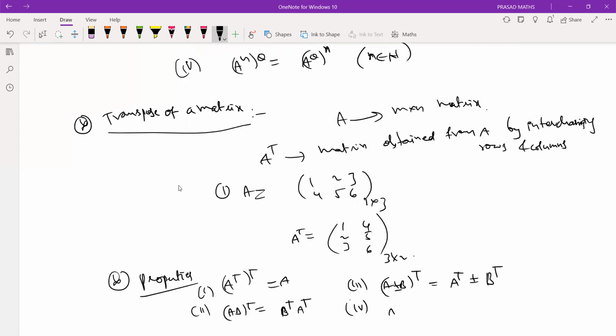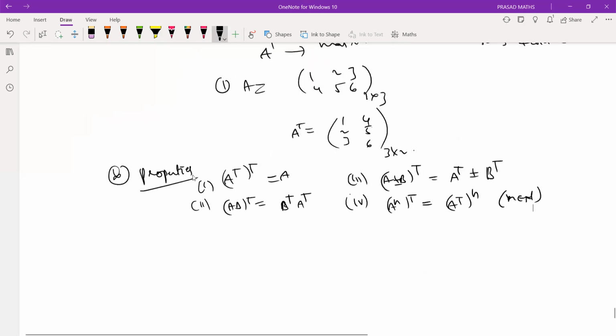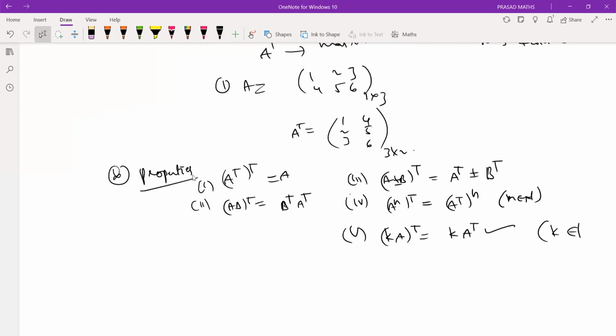Fourth, A power n whole transpose is equal to A transpose whole power n, whenever n is a positive integer. Next, K into A whole transpose is equal to K into A transpose, where k is any real or complex number. These are the important properties.